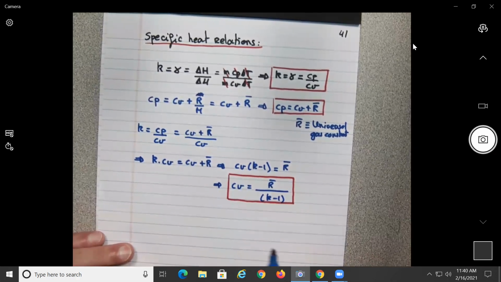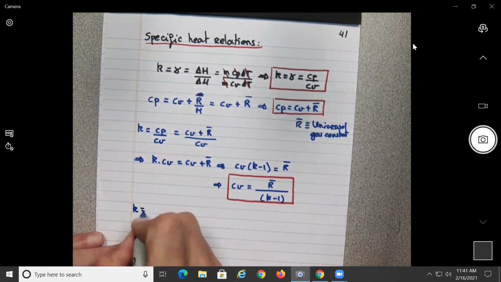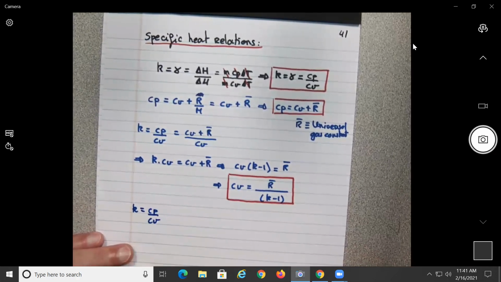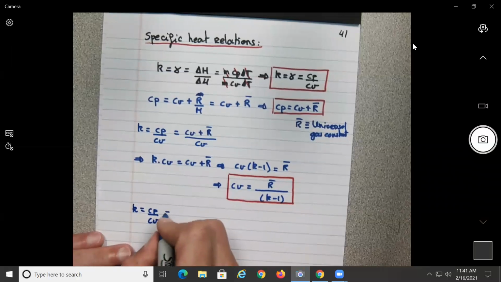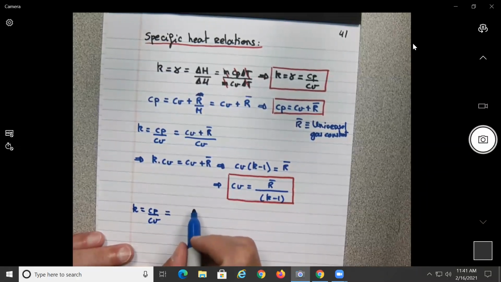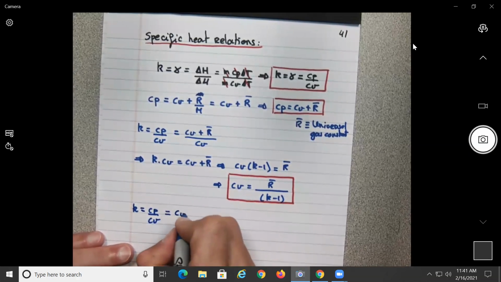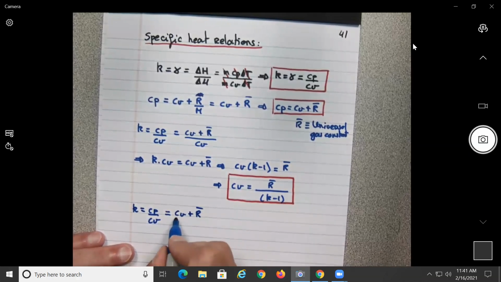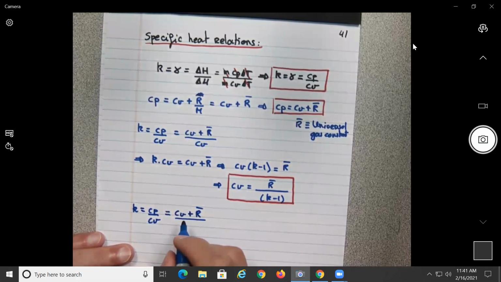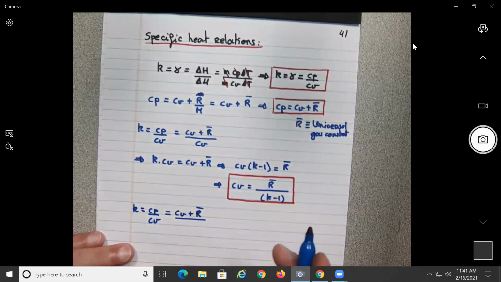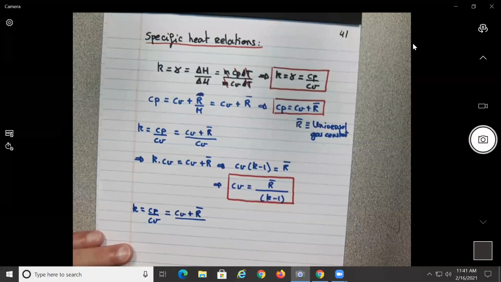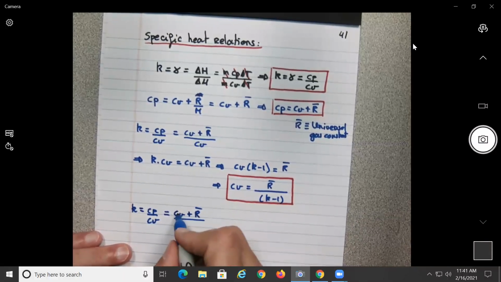So we can do the same thing. You use the same relation, K equal to C sub P over C sub V, but you can use this relation now. I need a C sub P, so why am I replacing this one? Let's do this.